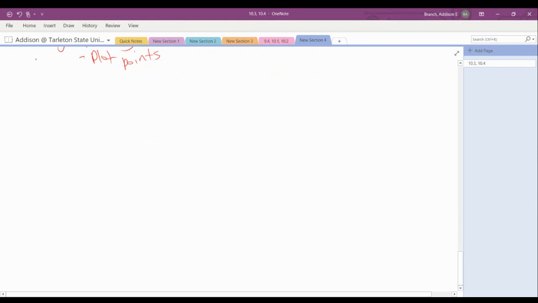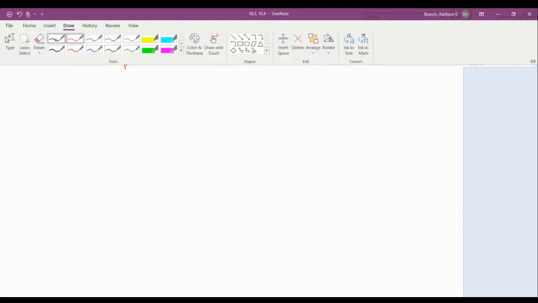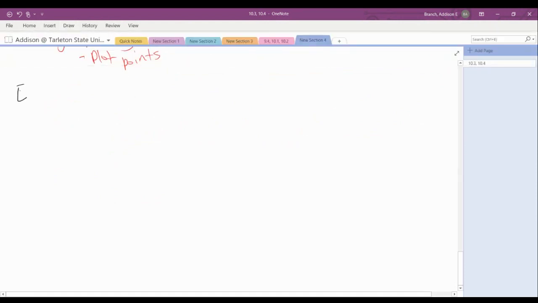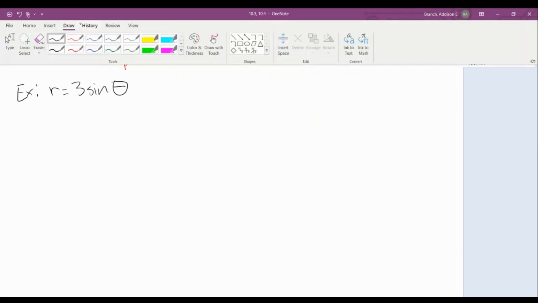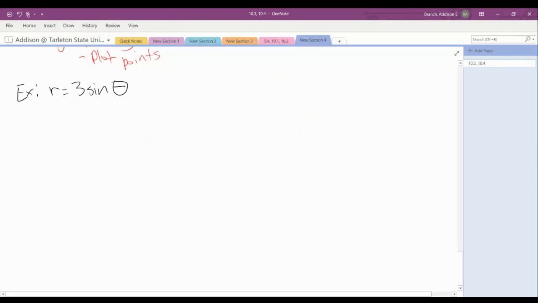So we're going to do a relatively simple example. We want to graph r is equal to 3 sine of theta. What I would typically do is build a table of your theta and your r.